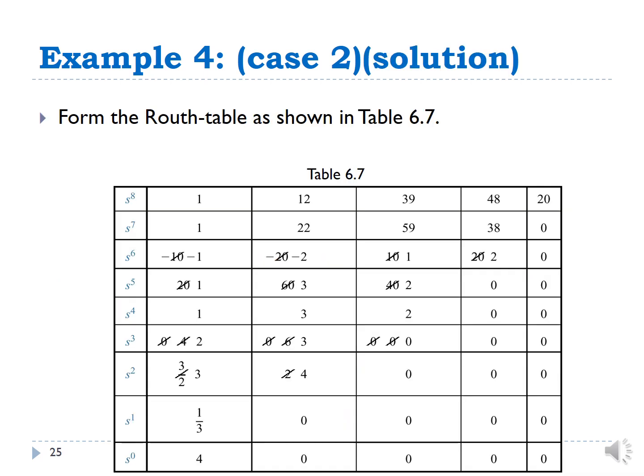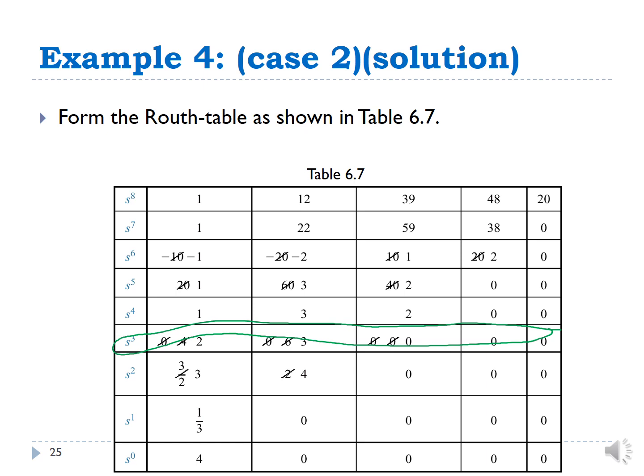Table 6.7 shows the completed root table for this example. At the s power of 3 row, we obtain a row of zeros.